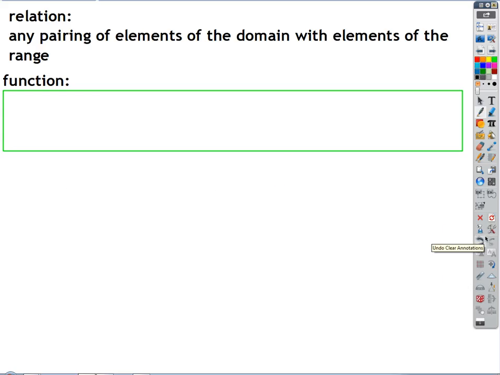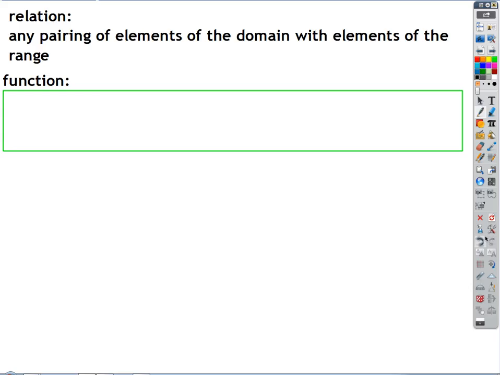Okay, now, this I know you can answer. Given that a relation is any kind of pairing of the domain to the range, what subset of that is called a function? Once again, just in your own words, only certain special relations we can call functions. What's the additional rule there? Yes, sir.